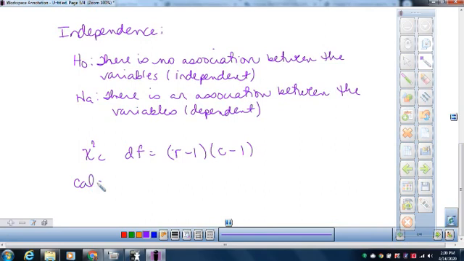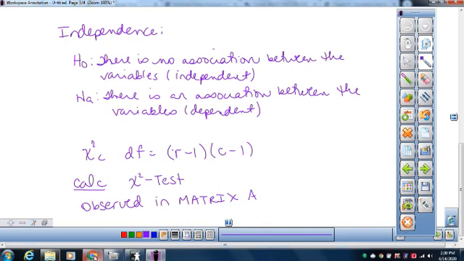For the calculator, this test, regardless of how old your calculator is, will be in the calculator. It's the chi-squared test, not the one that says GOF. But you have to put your observed in matrix A. And I'll show you where on the calculator you go to do that.